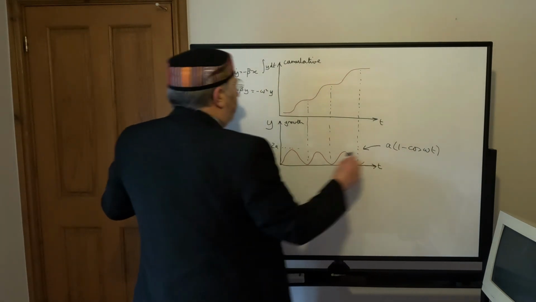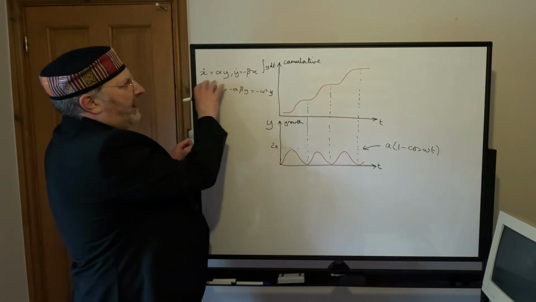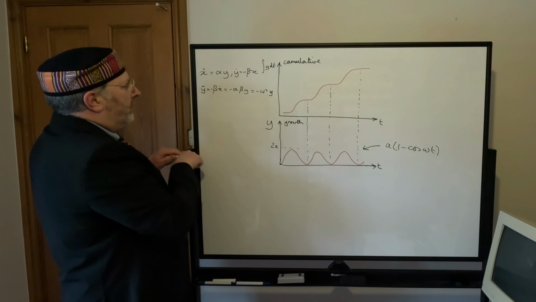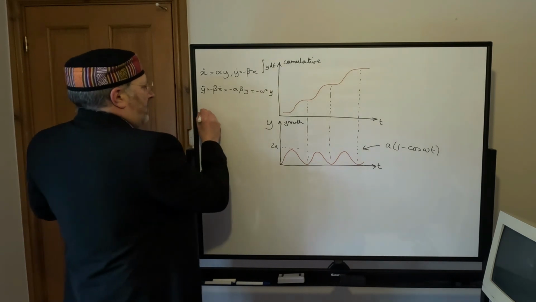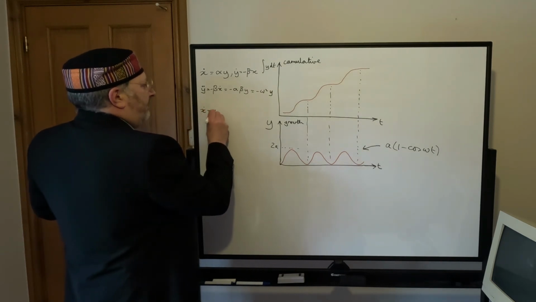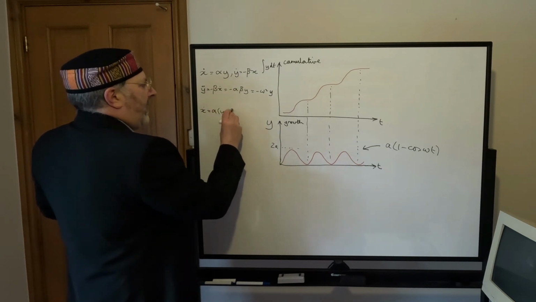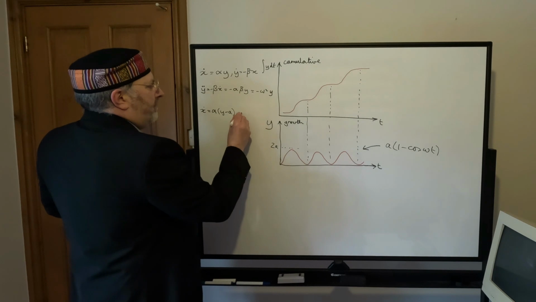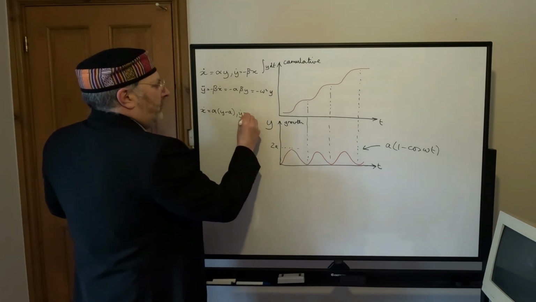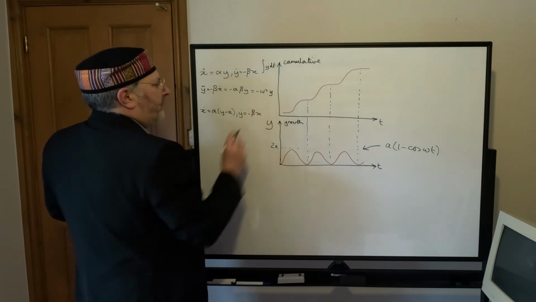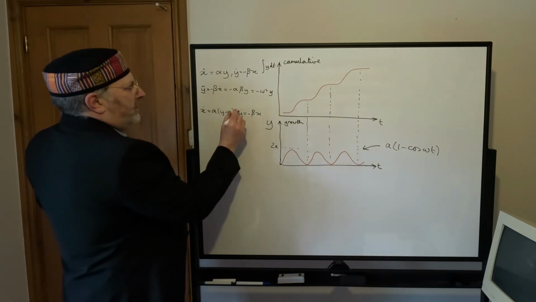But we can get that if we just make a slight modification to these equations. If we put x dot equals alpha into not y, but y minus a, and we keep the equation y dot equals minus beta x, then we can do the same as before.